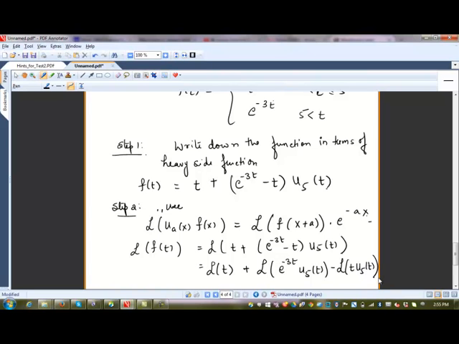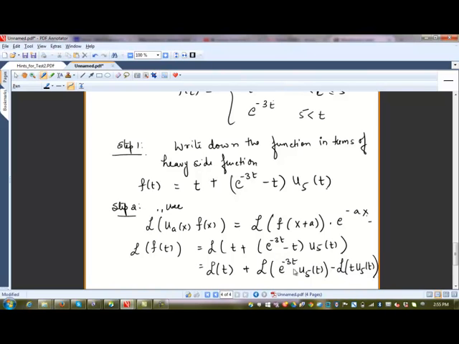So is it clear till this step what I did? First I took the Laplace transform on both sides. Then I saw that there is addition and multiplication, so you can multiply this into this and this into this, and using linearity break them all: Laplace transform of t, Laplace transform of this, Laplace transform of this.